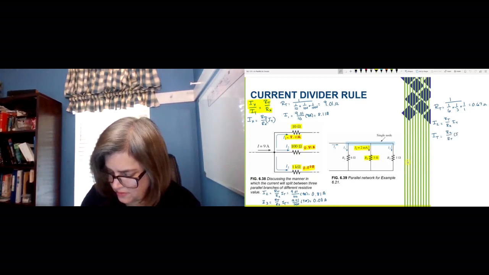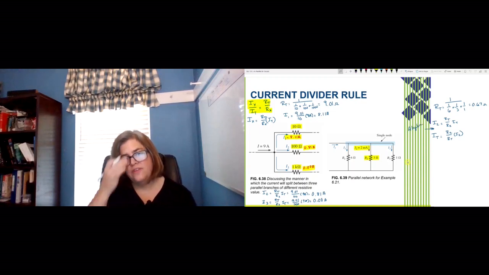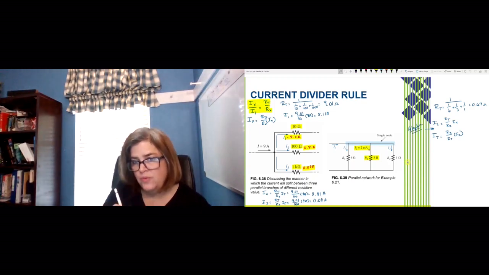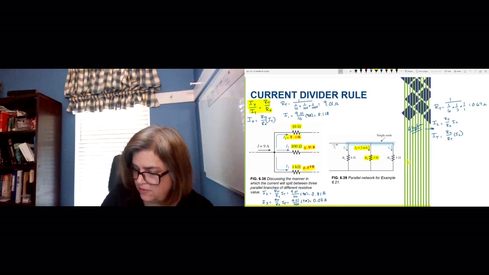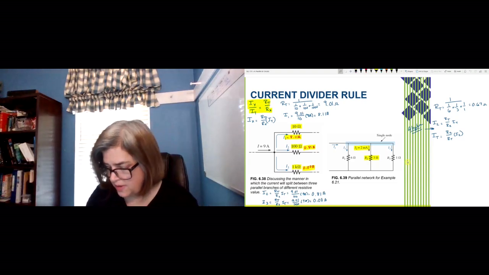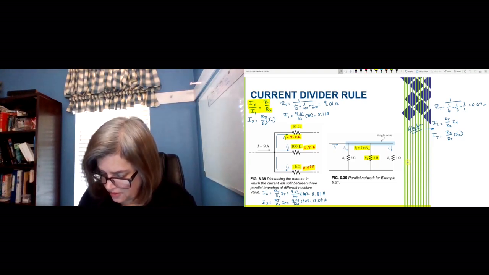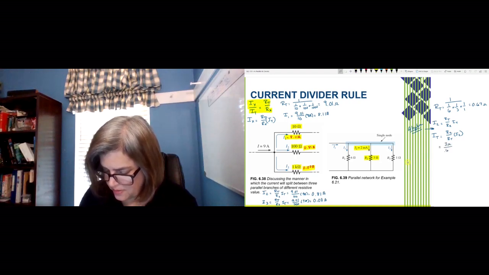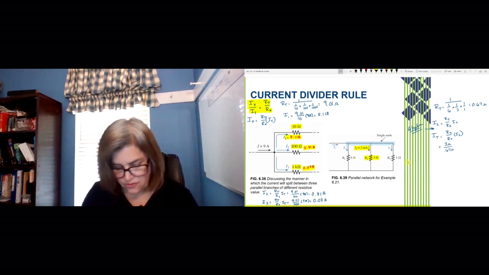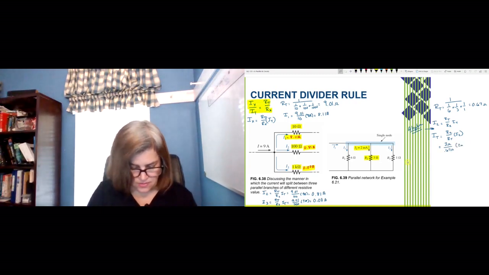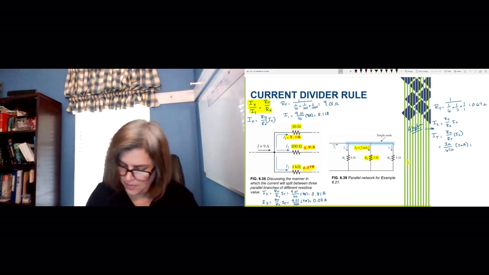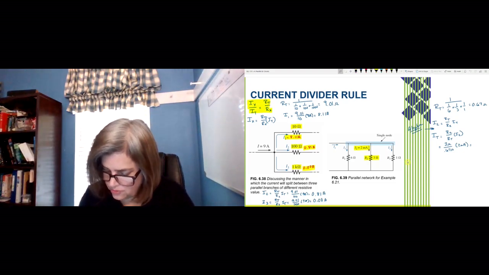So we just did some algebra here, and it's not necessary that you do that with me in this case, but if you have some questions about that, let me know. So R2 was 3 ohms over the 0.67 ohms RT, and we have 2 milliamps there. So if that's the case, that means we should have 9 milliamps total.